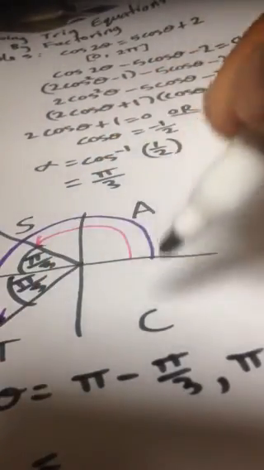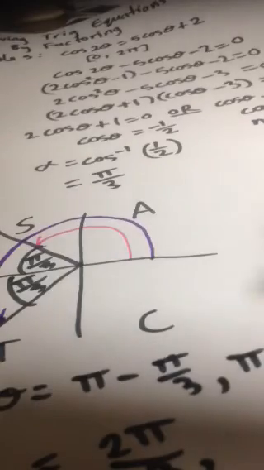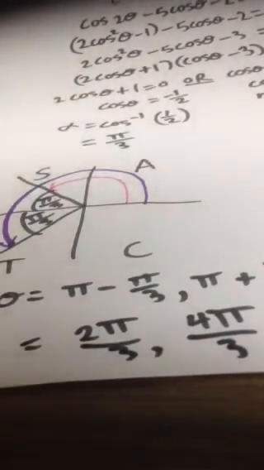So θ is equal to π minus π on 3, which is 2π on 3, and π plus π on 3, which is 4π on 3. And these are the two solutions for 2 cos θ plus 1 equals 0.